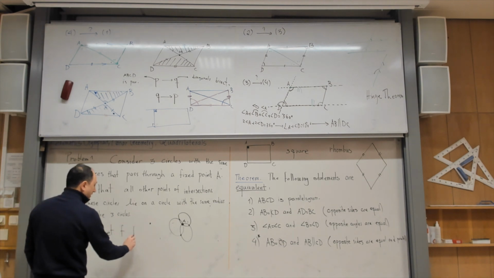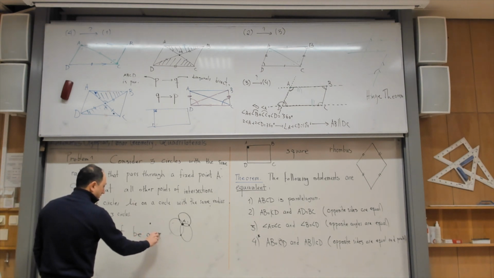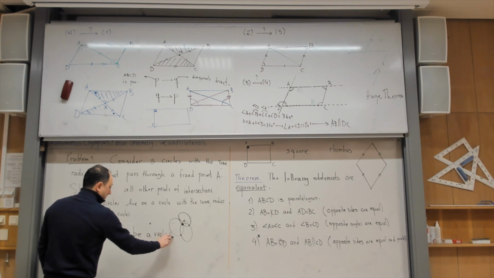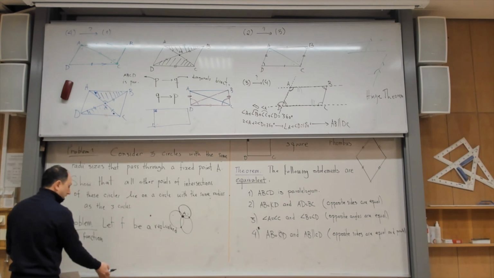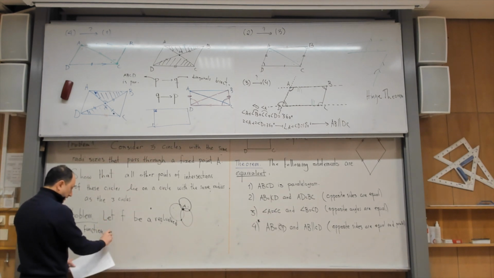Let f be a real valued function. So you know about these things now. I don't want to explain more. So let f be a real valued function on the plane.